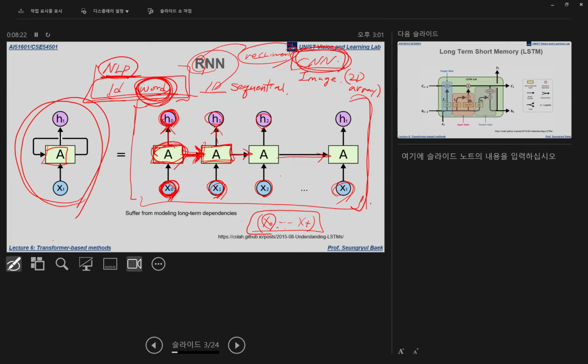But the thing is, here again, the vanishing gradient phenomenon appears. In previous CNN training, we also met this vanishing gradient phenomenon.